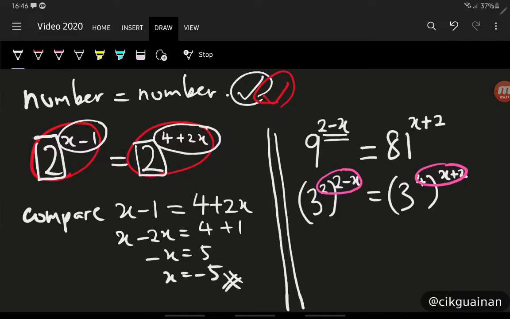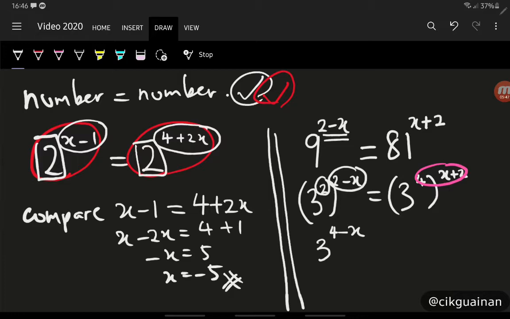According to the law of indices, we can multiply. But be careful when you multiply 2 by 2 minus x. It's supposed to be 3 to the power of 4 minus 2x, not 4 minus x.